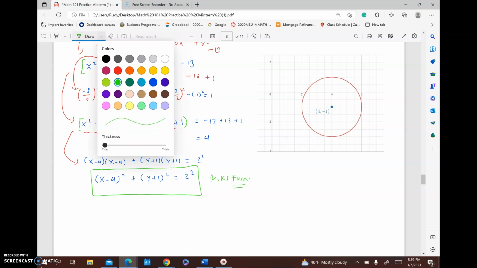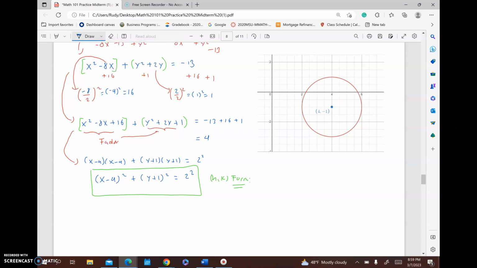And the question is asking us to identify it. Because this one follows the form of a value squared plus another value squared, or x squared plus y squared equals r squared, we technically have a circle. Your center is going to be whatever makes the parentheses 0, so technically 4 comma negative 1.